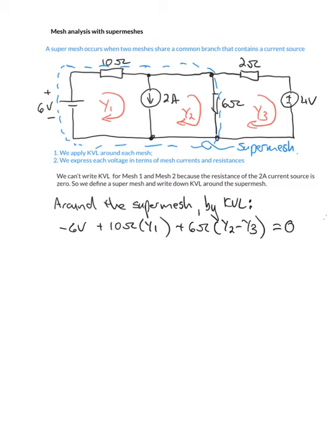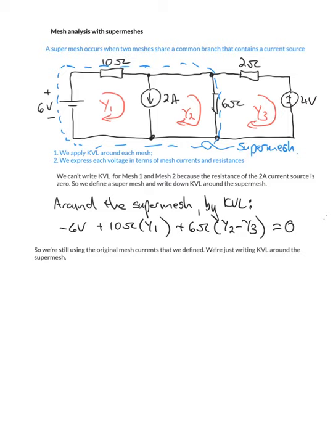And that all must be equal to 0. So we're still using the original mesh currents that we defined, Y1, Y2, and Y3, but we're just writing down Kirchhoff's voltage law around the supermesh.